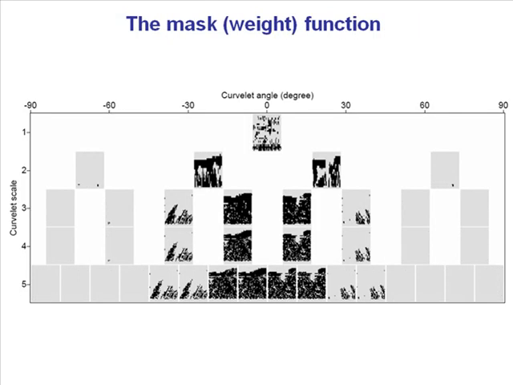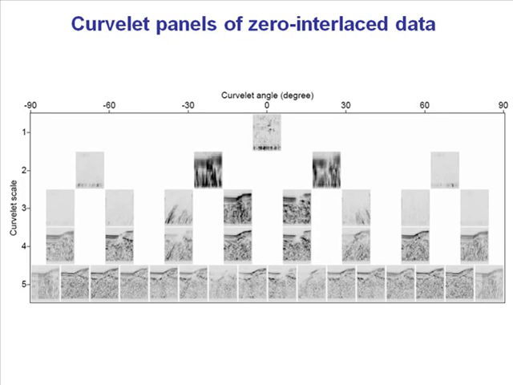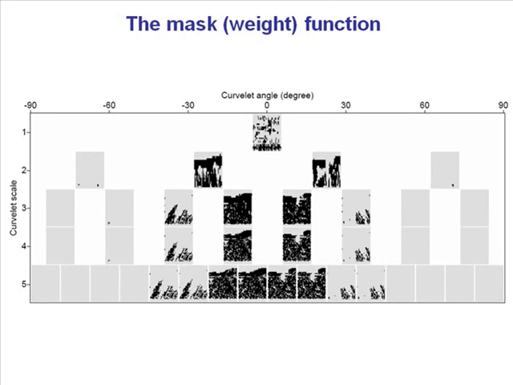Let's look at the curvelet panels of these. Now these are showing data at both the plus angles and minus angles. I see the data in all of them. But scales 4 and 5 are unreliable because alias has already contaminated them. So I project the mask function again from here to robustly reconstruct these aliased scales.